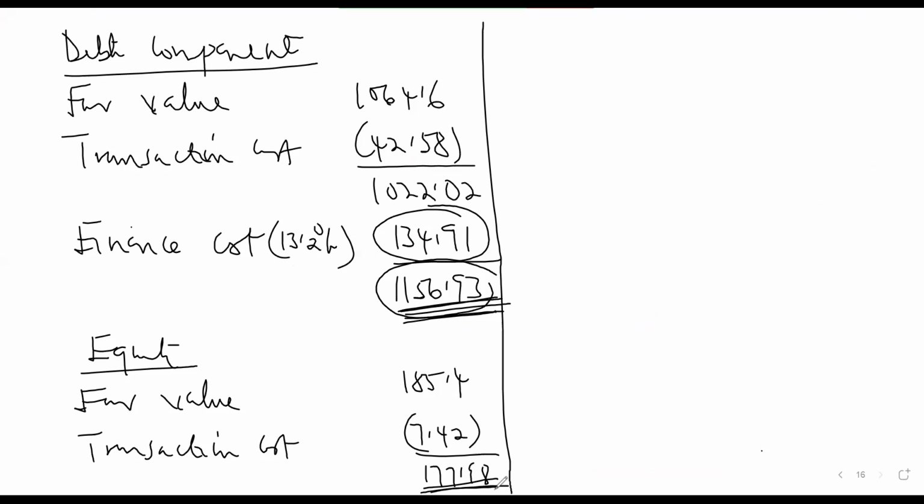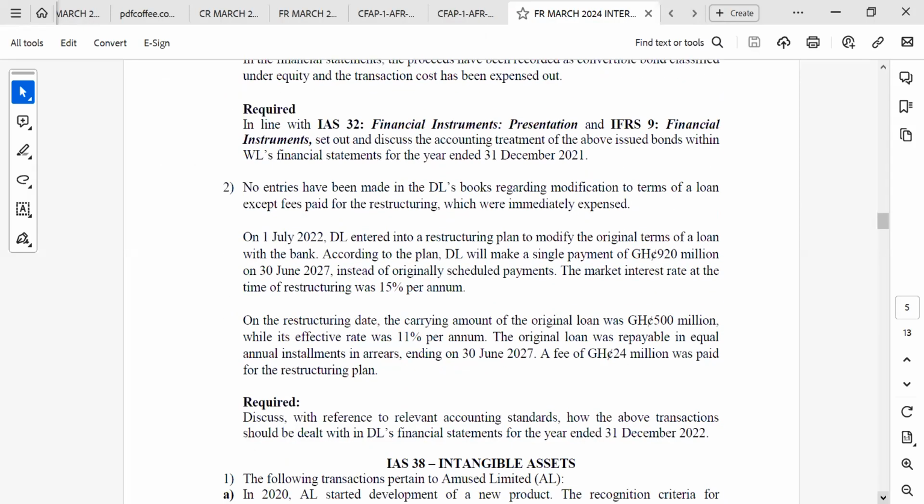The equity component is not remeasured. I will send you some questions on financial instruments again, then you try it. Let's take the last one so that we know that for financial instruments we are done.